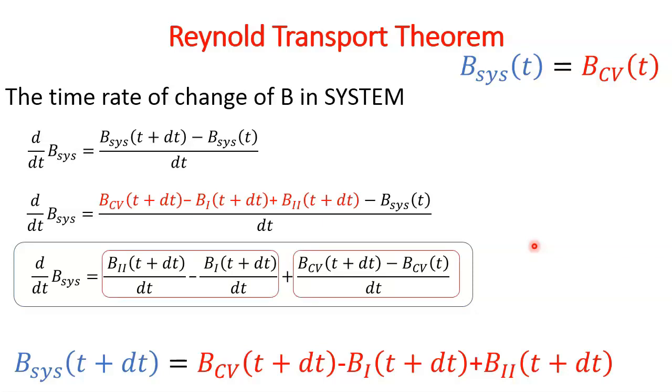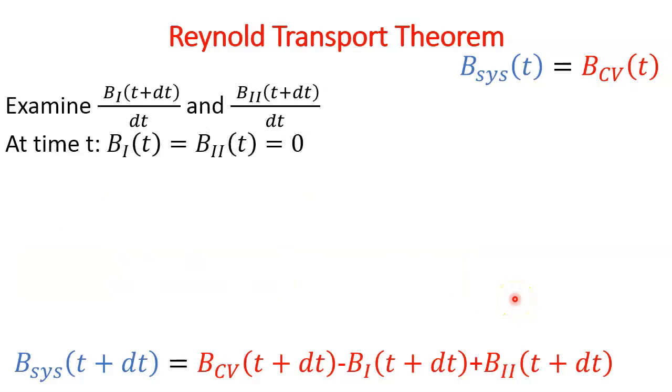Now this equation is subdivided into two parts. First two terms I am considering for discussion, then later on I shall discuss the last two terms. Now let us examine the first two terms, B1 upon dt and B2 upon dt, which we are talking about at a later point of time.